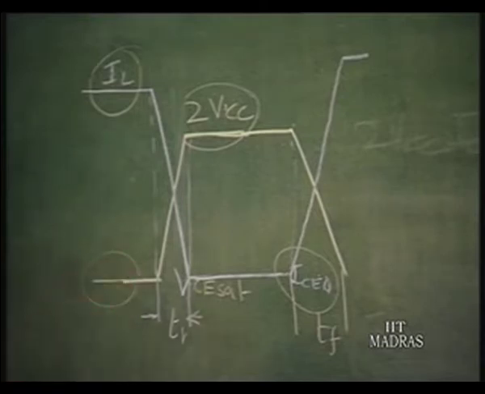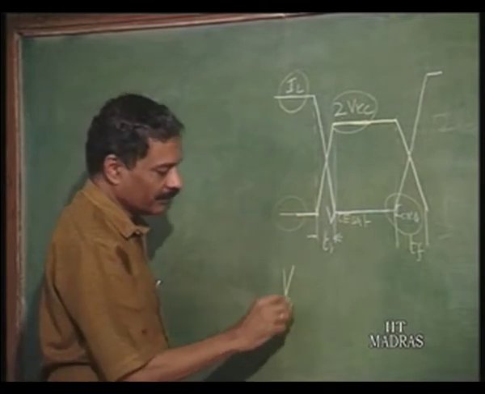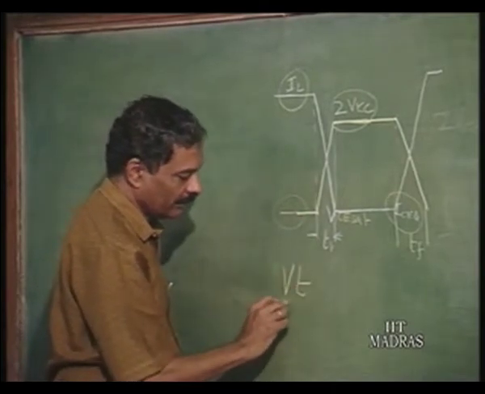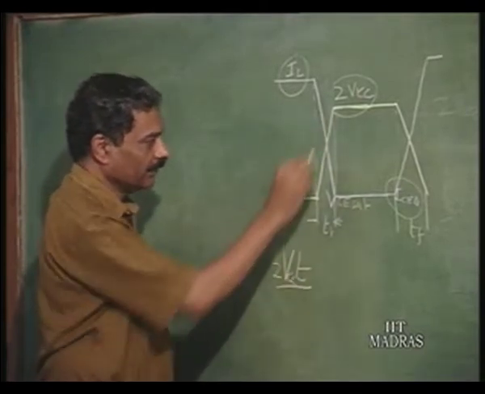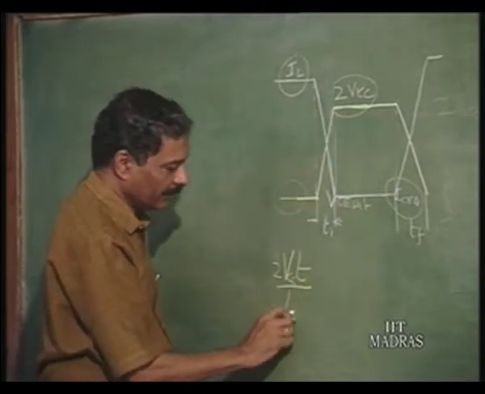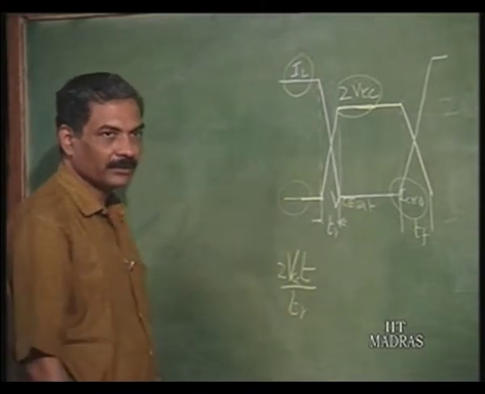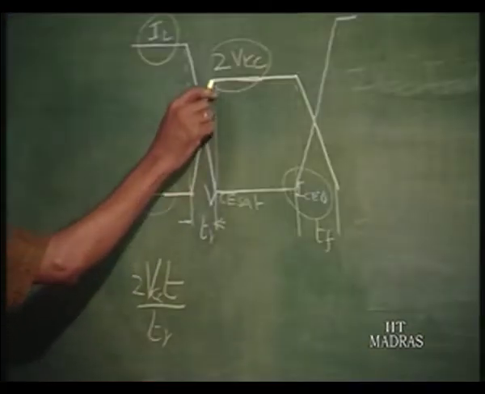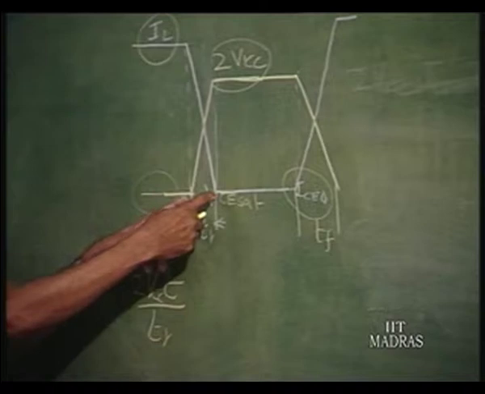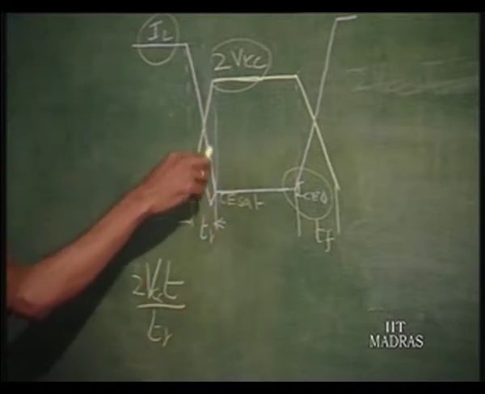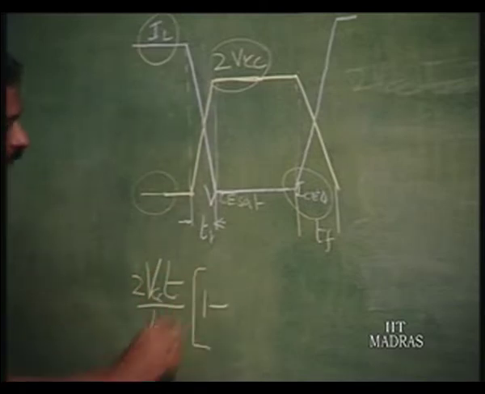Then the voltage waveform will be something like, if you start with this as 0, twice Vcc is the peak, divided by Tr is the slope, into T is the equation for this line. Twice Vcc divided by Tr is the slope, into T, whereas the other one is going to be 1 minus that.